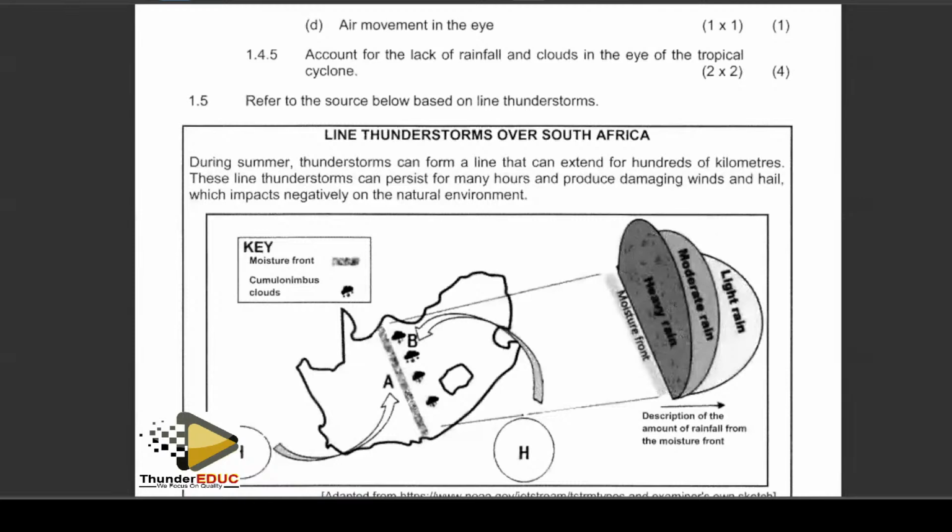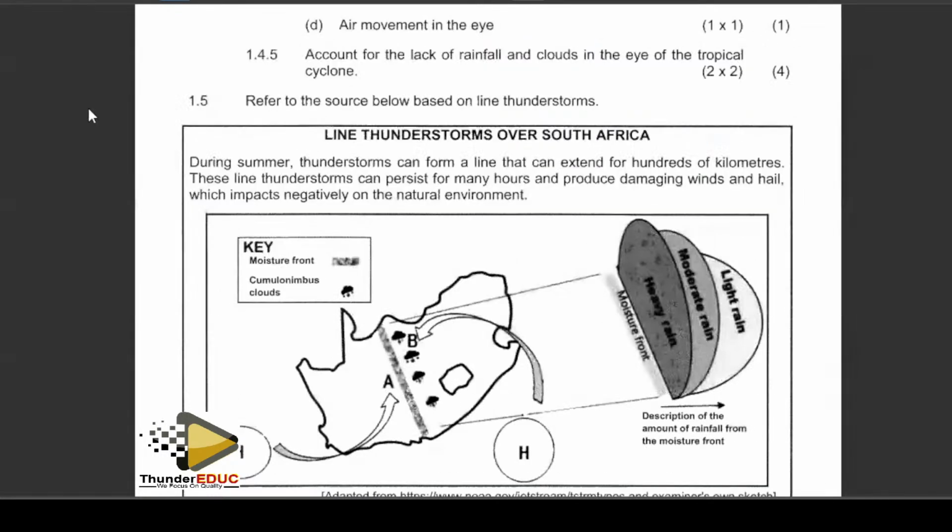The line thunderstorms are experienced during the summer conditions. According to the extract, in which season do line thunderstorms mainly occur? Even if we don't check the extract, we know that line thunderstorms are traveling disturbances that are caused in summer season. Our answer is here.